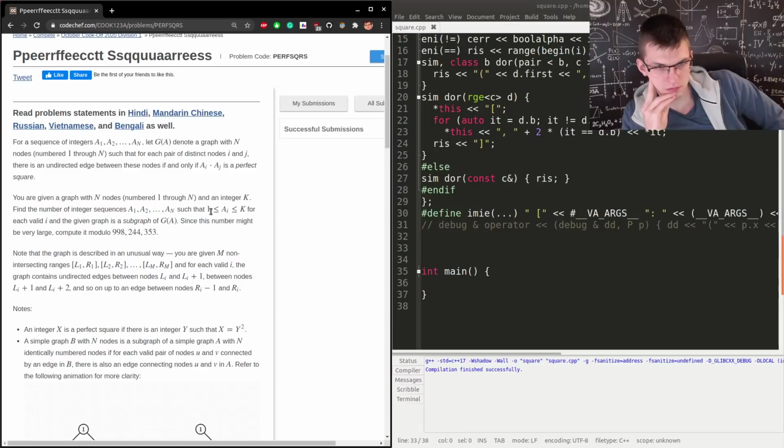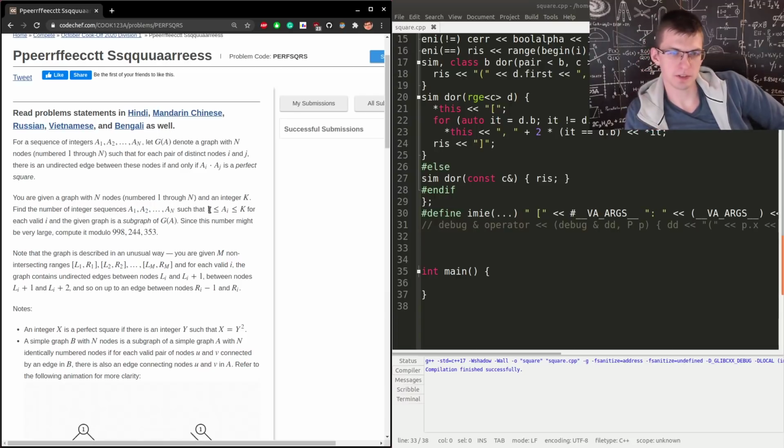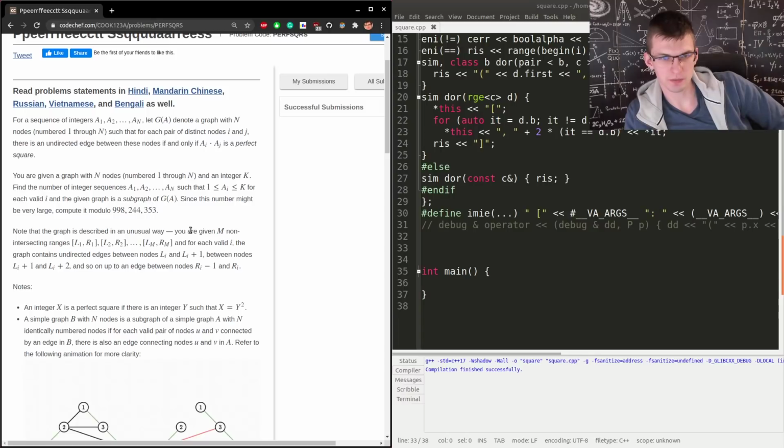Okay. The given graph is subgraph. Okay. The graph is described like that. This is a path.